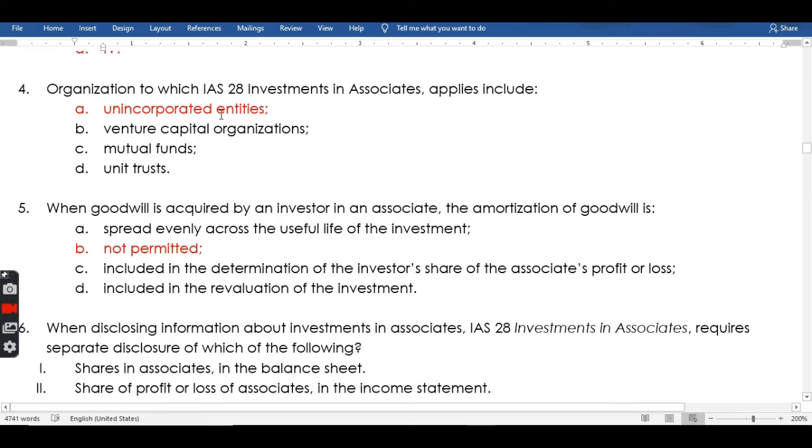Okay, hindi yan mako-cover ng IAS 28 because mutual funds and unit trust, pag sinamahan natin yung dalawang yan, does not necessarily indicate na meron tayong associate doon sa ating investee corporation. Okay. To explain further, ganito kasi yan.